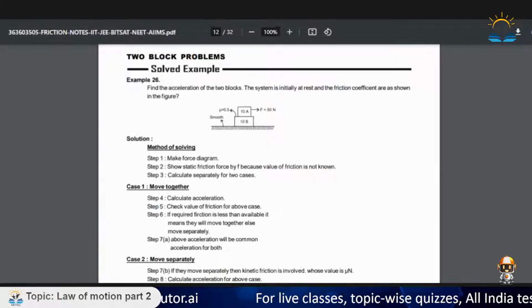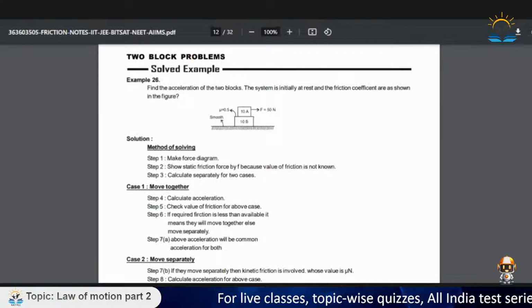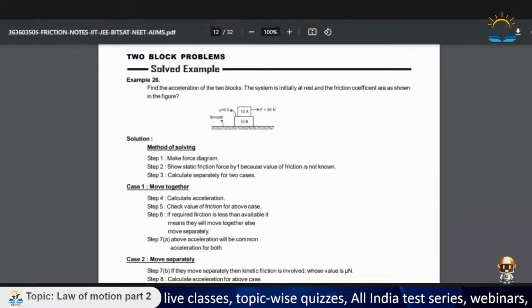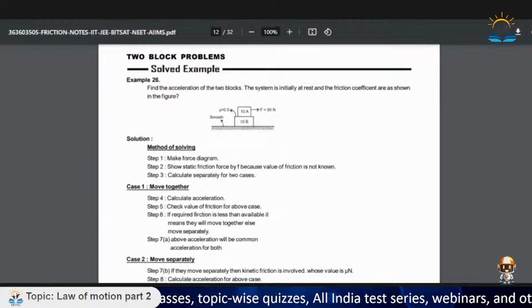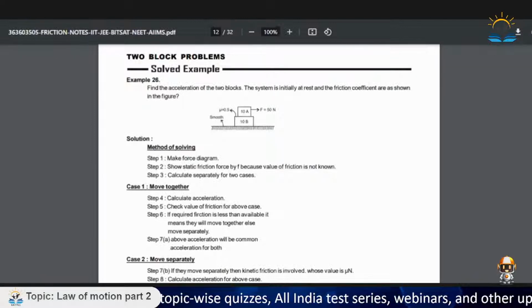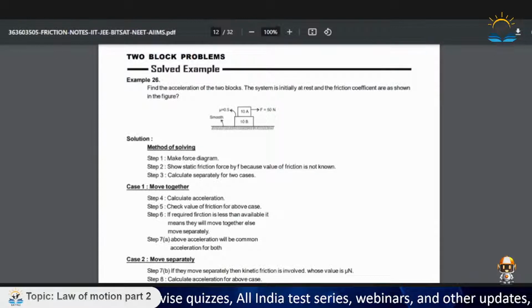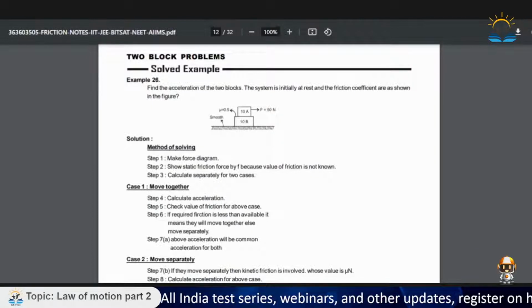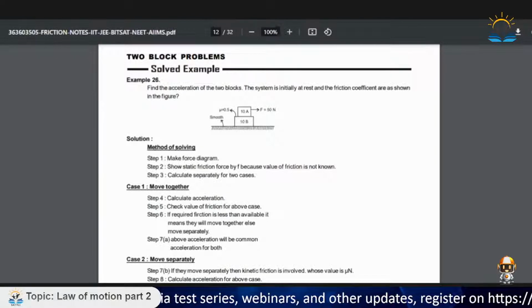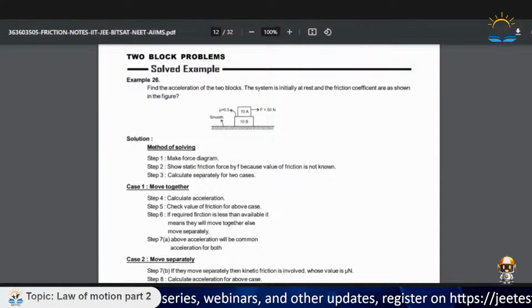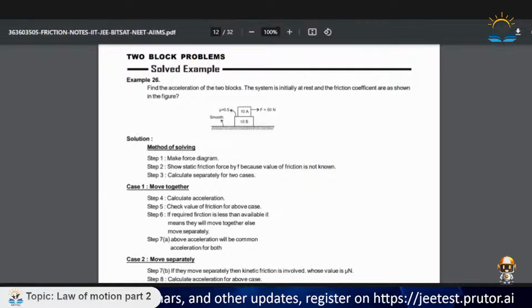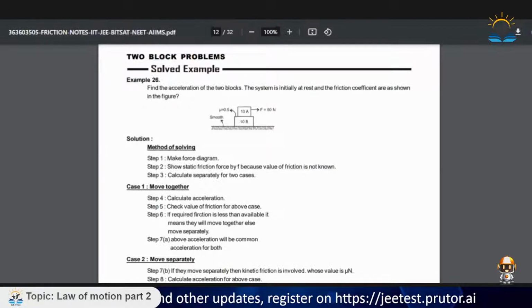Since again the value of small f comes out to be 25 here, and we see that small f can be anything between 0 to 50 because for this system mu is given as 0.5. So the maximum value of the friction acting between this contact surface can be 50 newtons because the maximum static friction is mu s N, and for this the normal would be 100 newtons.